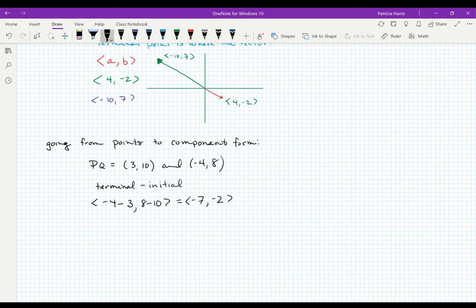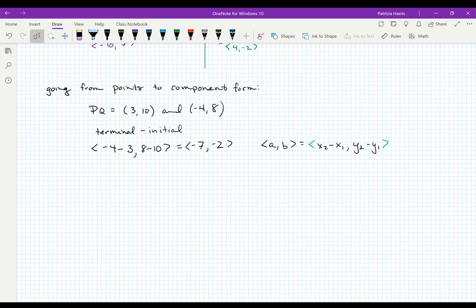Okay, so the formula is, if you are familiar with the slope formula, this is pretty much the same thing, but you have to start with that terminal, then minus the initial. Okay? Let's try another one.